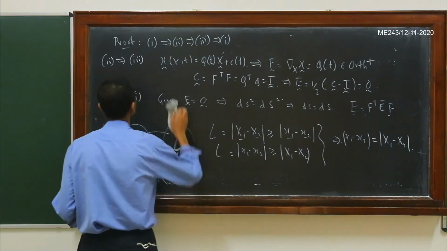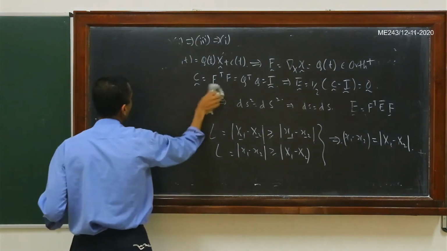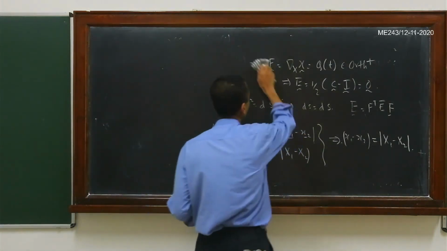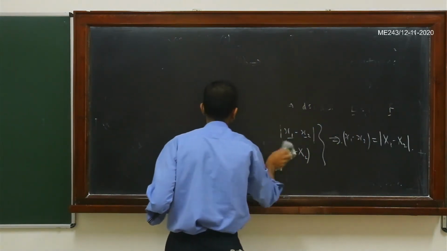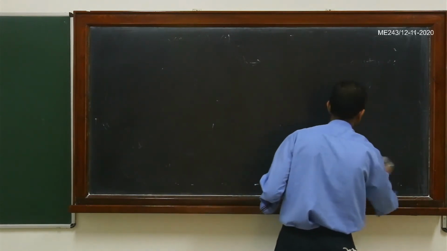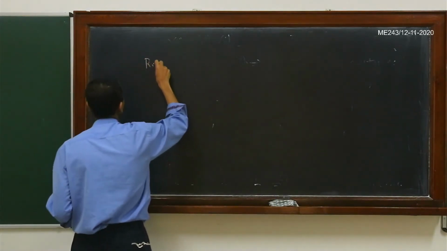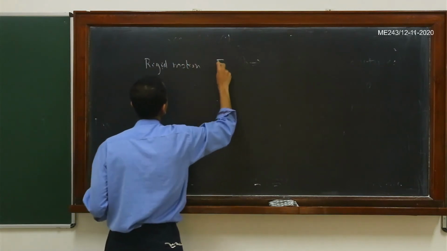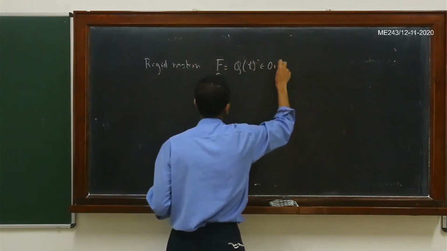We will see that it does not, because we have arbitrarily dropped the nonlinear term in getting the linear approximation, right? So let us look at that. What we have seen so far is that for rigid motion, F is equal to Q of T, which belongs to R plus, correct?